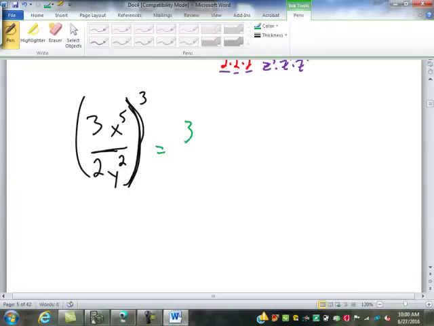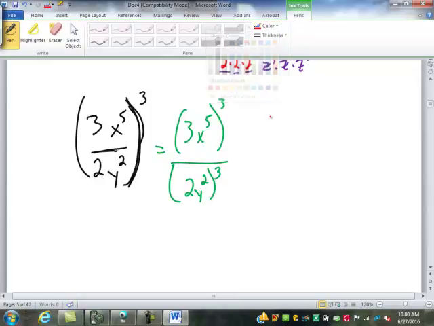So we're going to separate this into 3x to the fifth to the power of 3 and 2y squared to the power of 3. So 3x to the fifth to the power of 3, we're going to do 3 to the power of 3, which is 3 times 3 times 3 is, careful, 27. There you go.